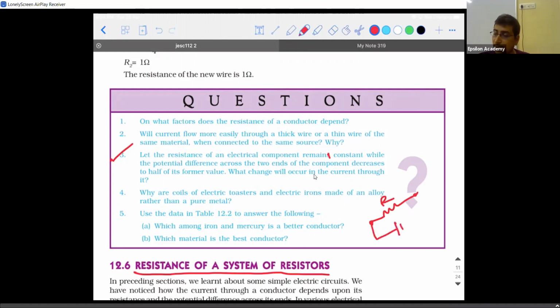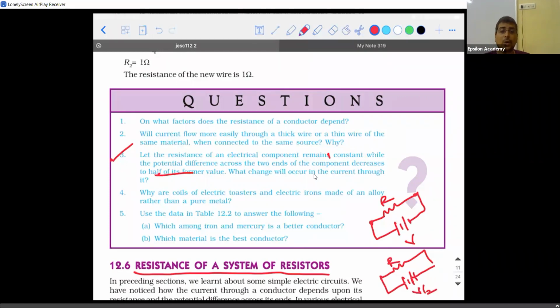It is connected across a battery, initially of potential difference V. Now keeping the resistance constant, the voltage decreases to half of its former value. It becomes V by 2, keeping the resistance constant.